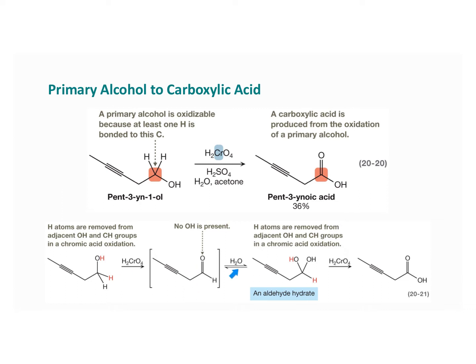And then water is present in solution. And what will happen is the aldehyde will undergo an equilibrium with its hydrate. Okay, so this is in equilibrium. Now, when it forms this hydrate, it can then go on to react with the chromate, and that's how we get the carboxylic acid. So it goes back and forth here, but as we form this, it reacts. Okay, and so we shift the reaction that way.